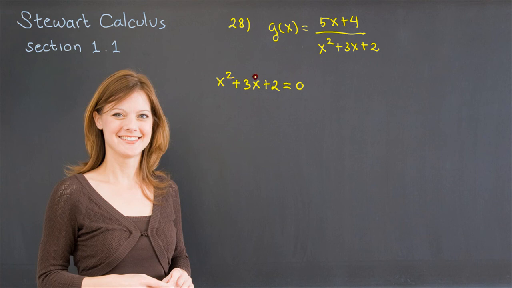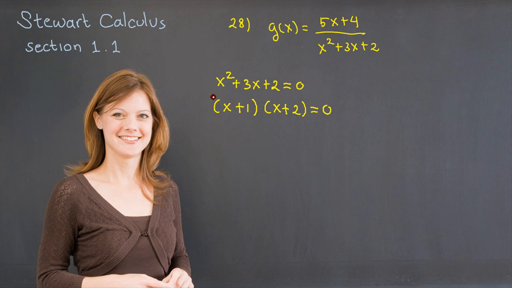Okay, this is a quadratic equation. You can use factorization if it is possible, the quadratic formula, or completing the square to find the solution to this equation. So let's see here. In this case, we can factor the left hand side into x plus 1 times x plus 2 equals 0.